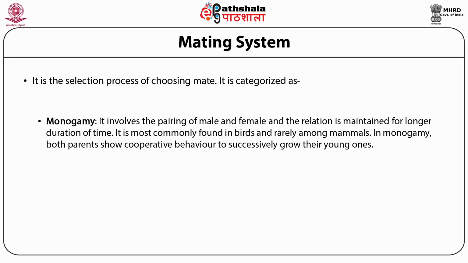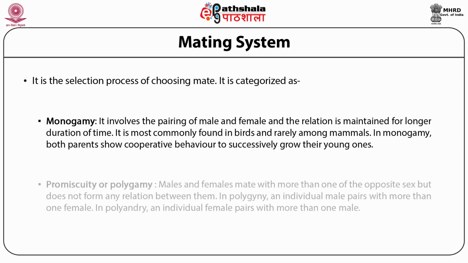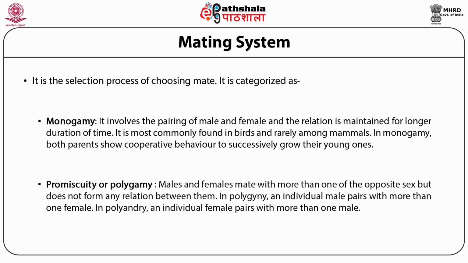The other mating system is known as promiscuity or polygamy, where males and females mate with more than one of the opposite sex, but do not form any relation between them. It can involve one male and several females, or one female and several males.